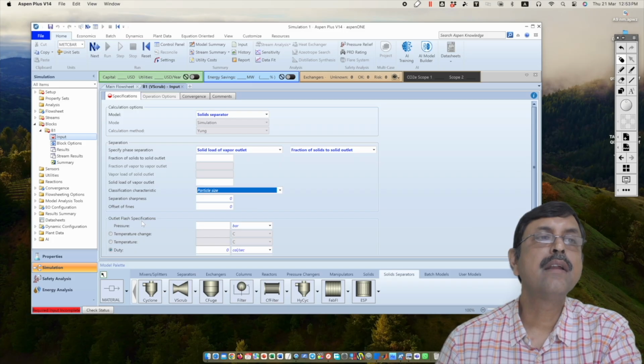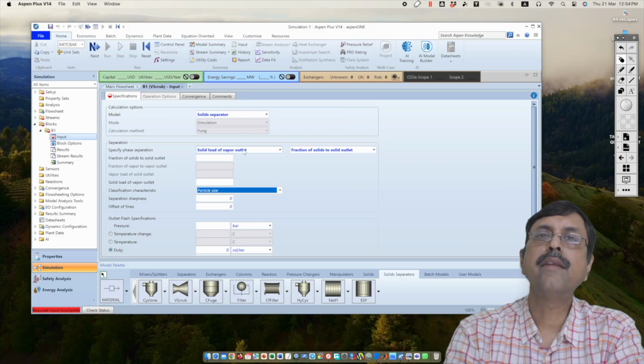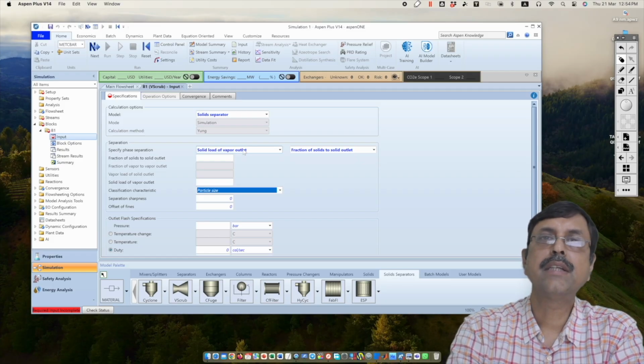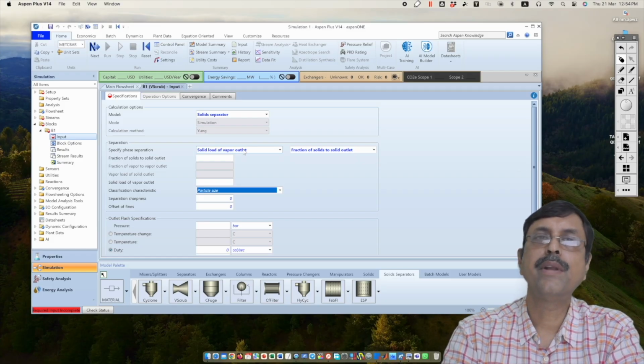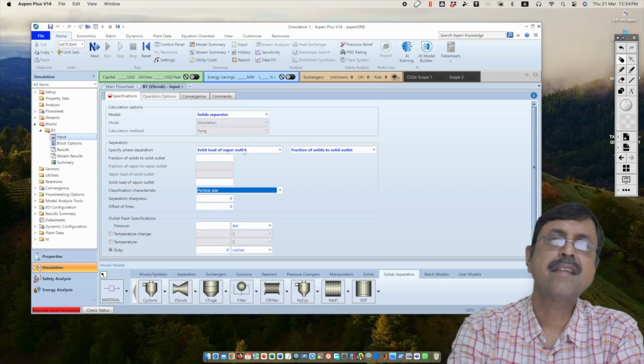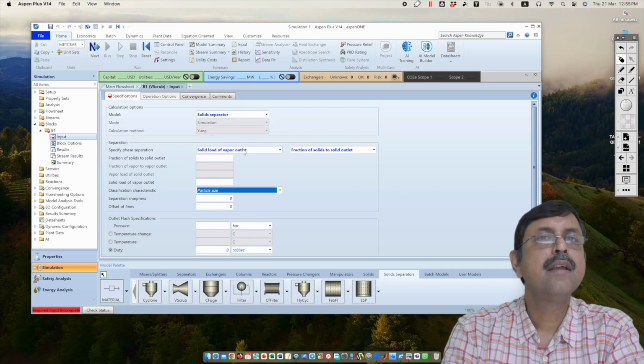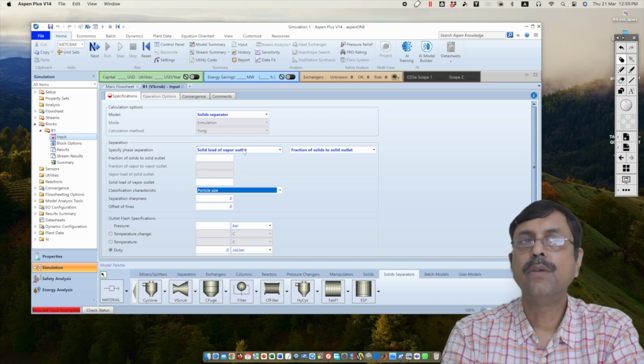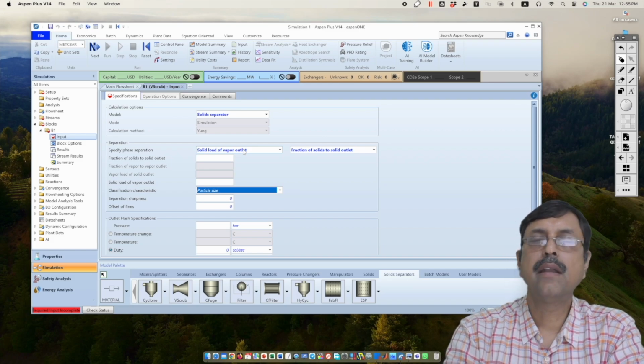And the outlet flash specification, like what is the pressure or temperature change or duty. So if you provide all this information, it will do some calculation on the basis of algebraic manipulation and it will give you the final answer. Now the example has already been given in Cyclone, so you can check that block and you can learn it better.